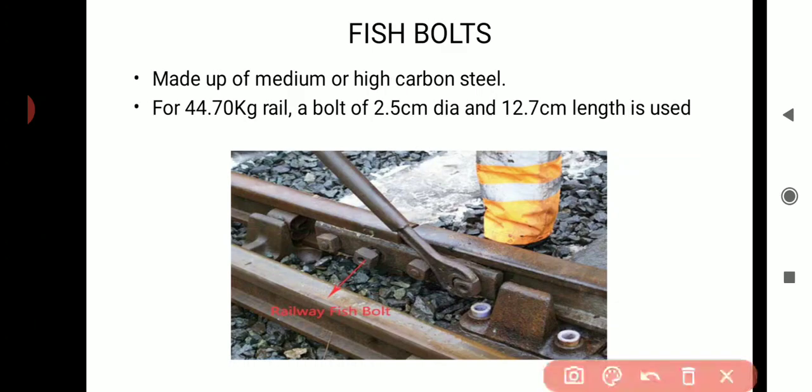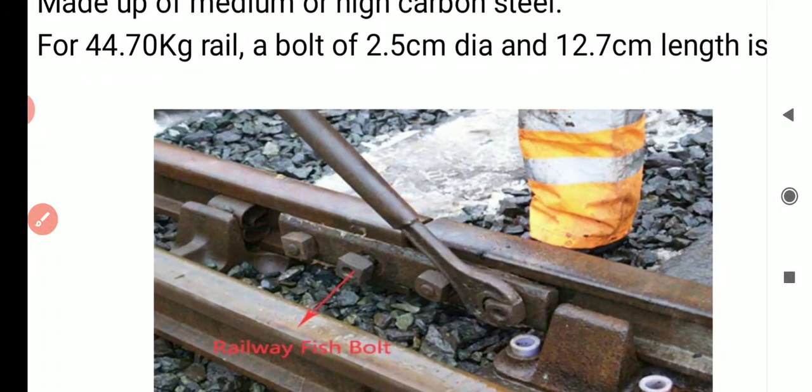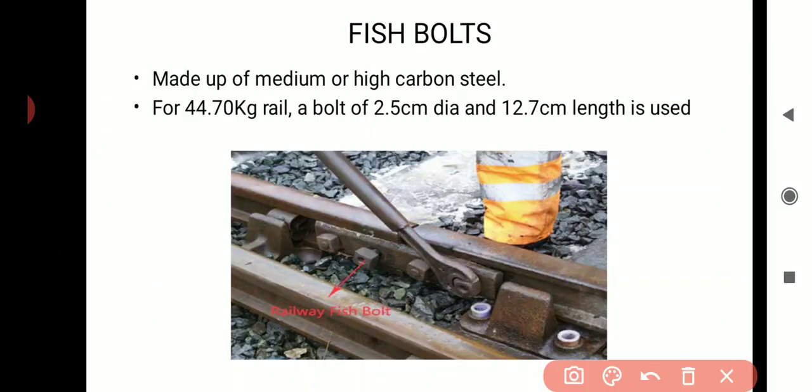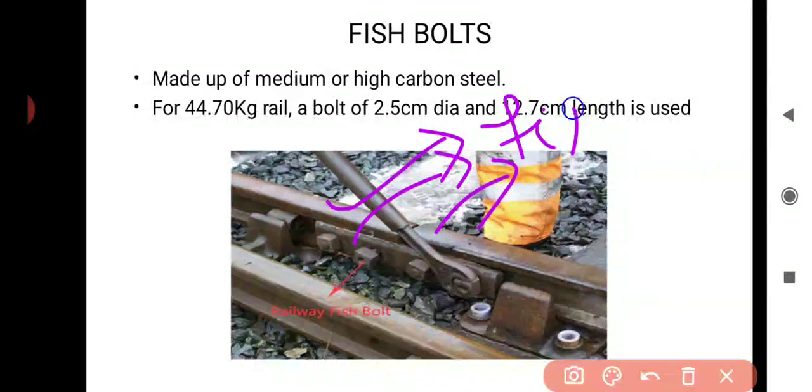Here you can see this is one rail and this is the other rail, and this is the fish plate. Here the fish plate and bolt are used to connect the two rail ends.